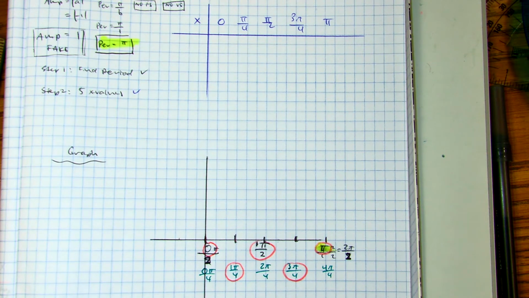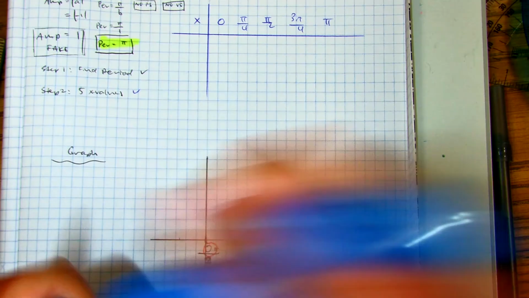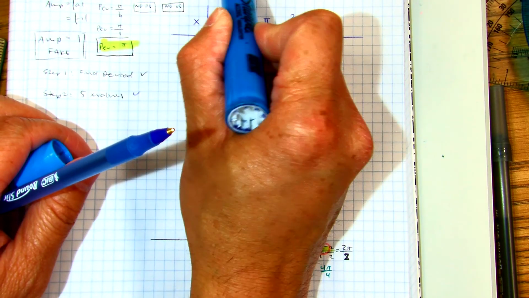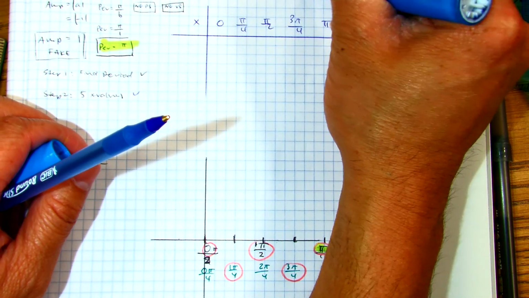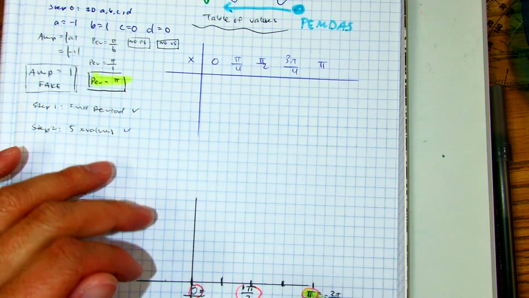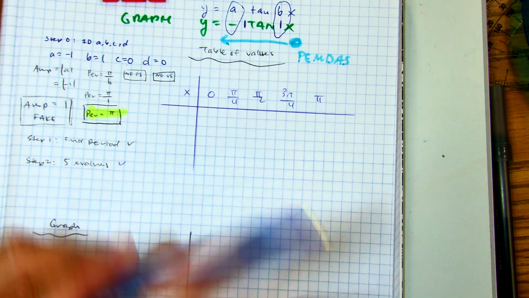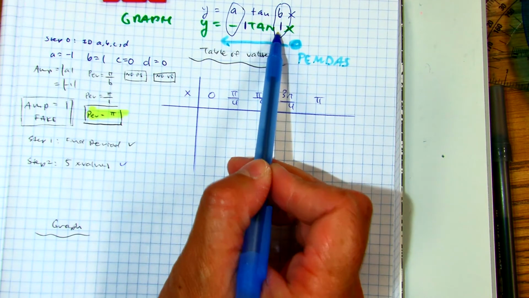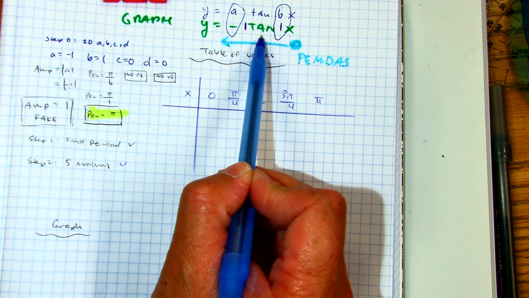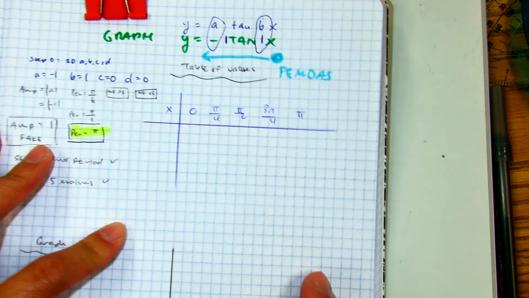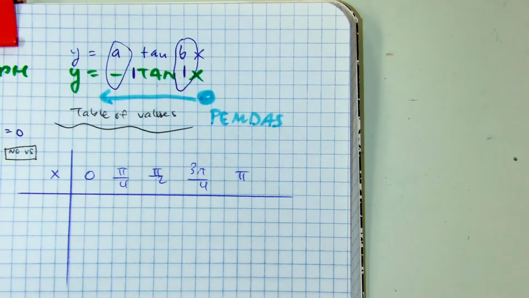Class, which direction are we going to go? We're going to start over here on the right, and we're going left. Basically, this is a summary of how you would do PEMDAS as you evaluate those points. Okay? So we have x. I don't really need to multiply by 1. I just need to evaluate at what? Tangent. Okay? So let's go ahead and draw a quick unit circle.